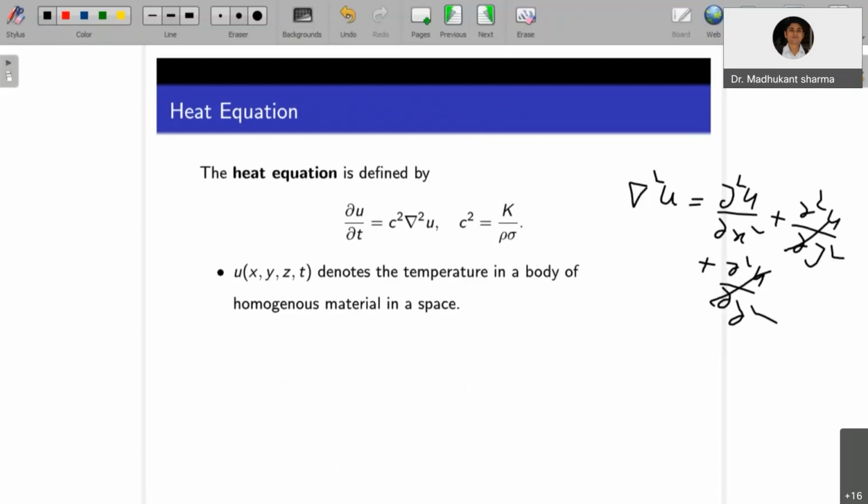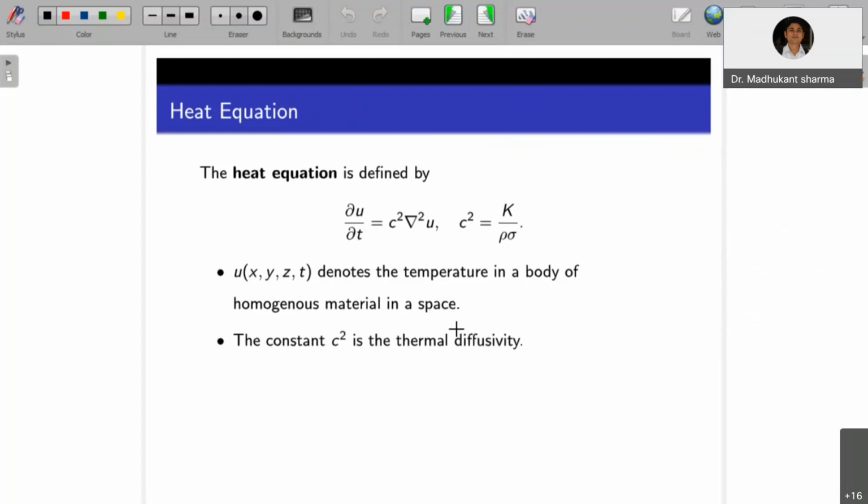So only dou square U by dou x square, then you have the heat equation of one dimension. If you include dou square U by dou x square plus dou square U by dou y square, you have two-dimensional heat equation. If you include all three, you have three-dimensional heat equation, and so on. t is a time variable. It will not contribute in the dimension right now. However, you can treat that as a one-dimensional extra.